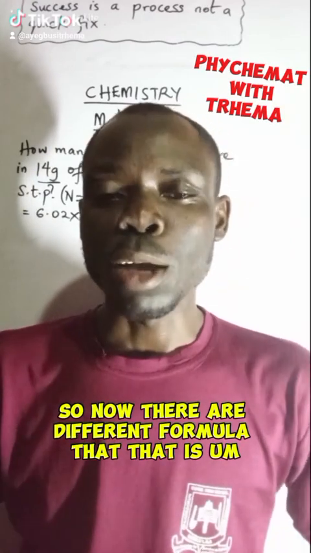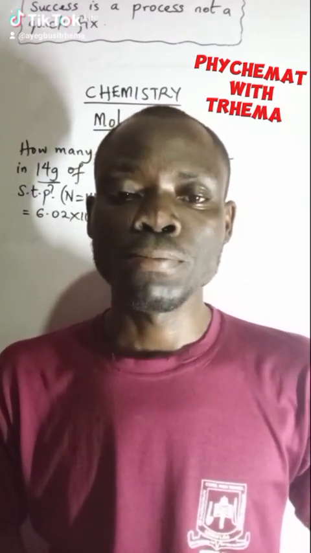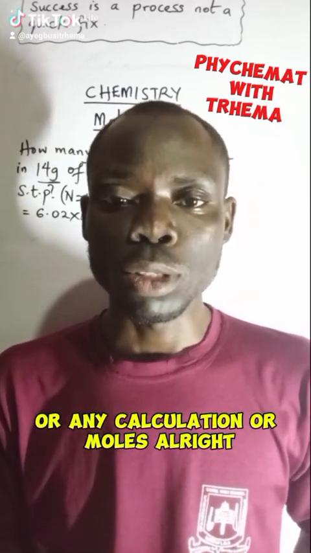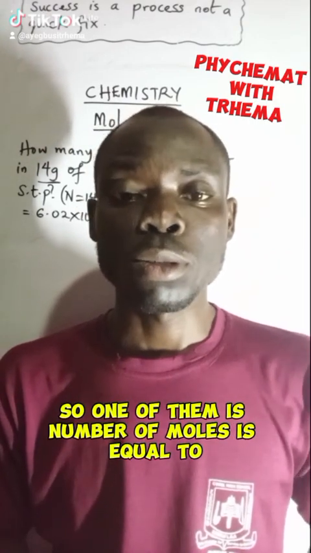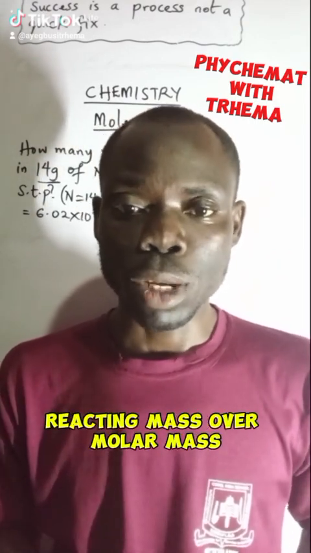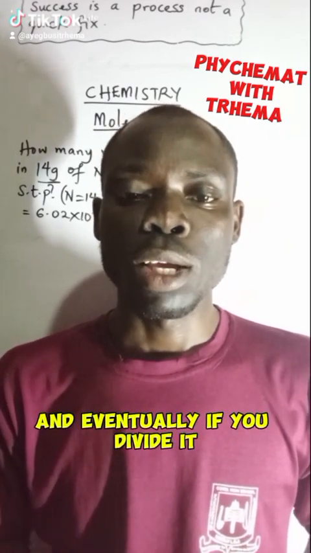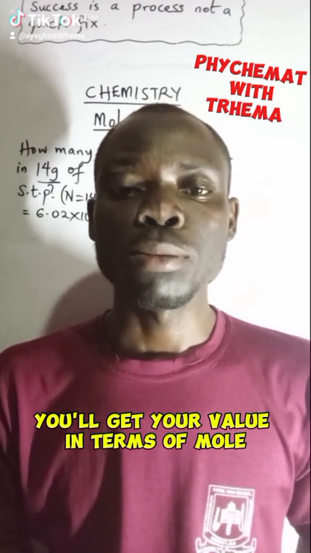Now there are different formulas that are useful when you want to solve any calculation of moles. One of them is: number of moles is equal to reacting mass over molar mass. Reacting mass will be in grams, while molar mass will be in grams per mole. If you divide, you will get your value in moles.